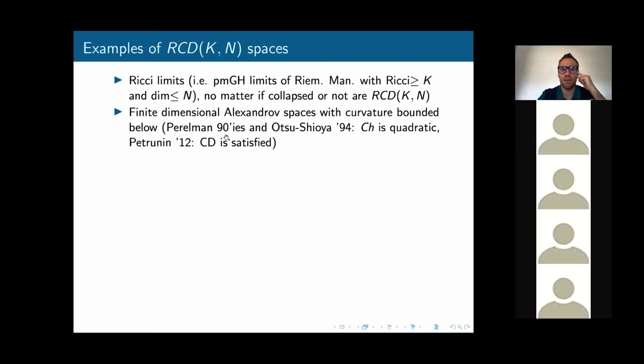This fact that Alexandrov spaces are included in RCD is actually not trivial. The fact that the Cheeger energy is quadratic is a result of deep works by Perelman and Ohta, and the fact that the CD condition is satisfied was proved by Petrunin.